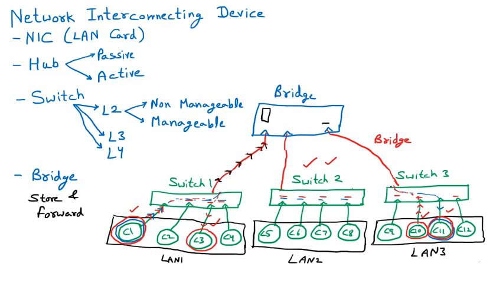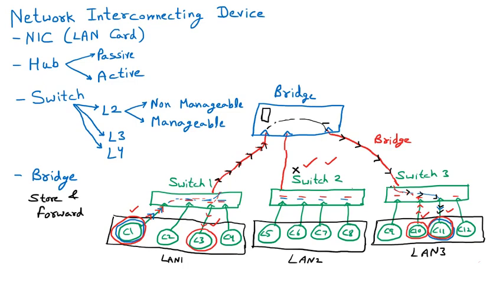So this data is now sent to this one. So this one is not interrupted. Switch 2 is not aware now. It is not involved at this time. The data is directly sent to switch 3, and with the help of switch 3 it will find that C11 is there, and data is now forwarded to C11 directly.